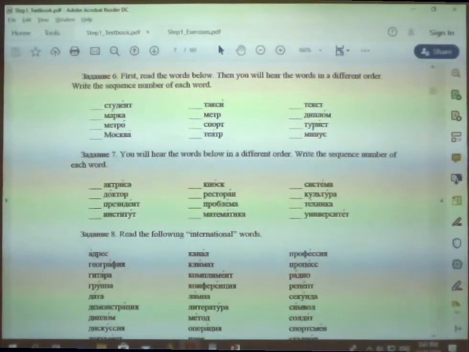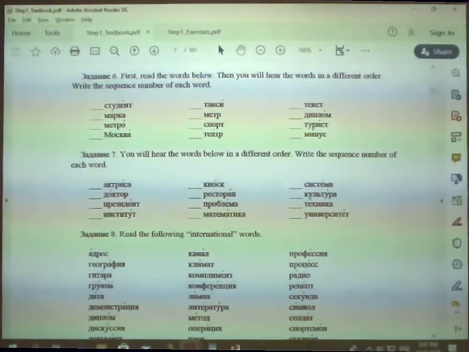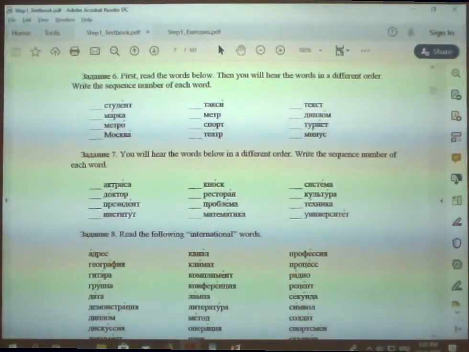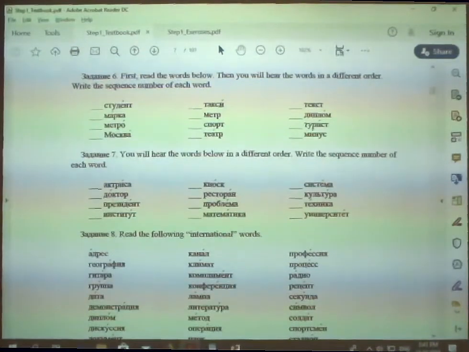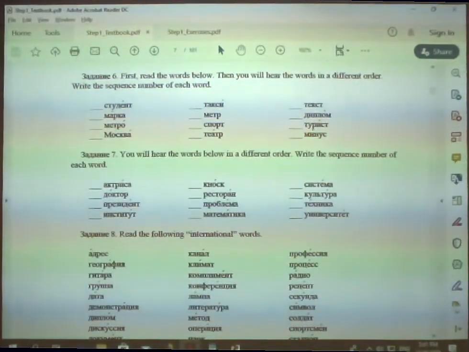Студент. Марка. Минус. Турист. Диплом. Текст. Театр. And if you found all the words, you know that the last word that is left is Москва.